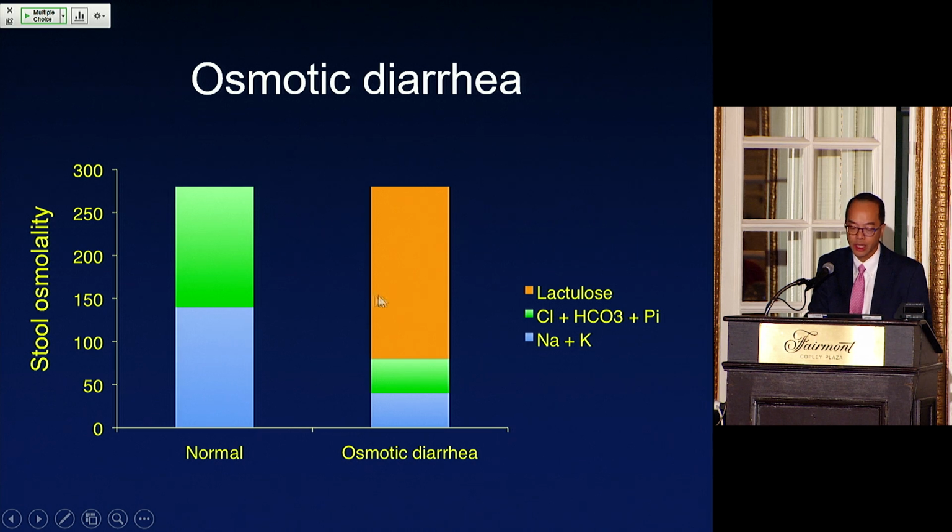However, in an osmotic diarrhea, a large proportion of that osmolality is due to the osmotic laxative, in this case lactulose, and this pulls free water in with it. So the total stool osmolality is normal, but the tonicity of the stool, if you will, the amounts of sodium and potassium and accompanying anions per liter of water is actually markedly reduced.